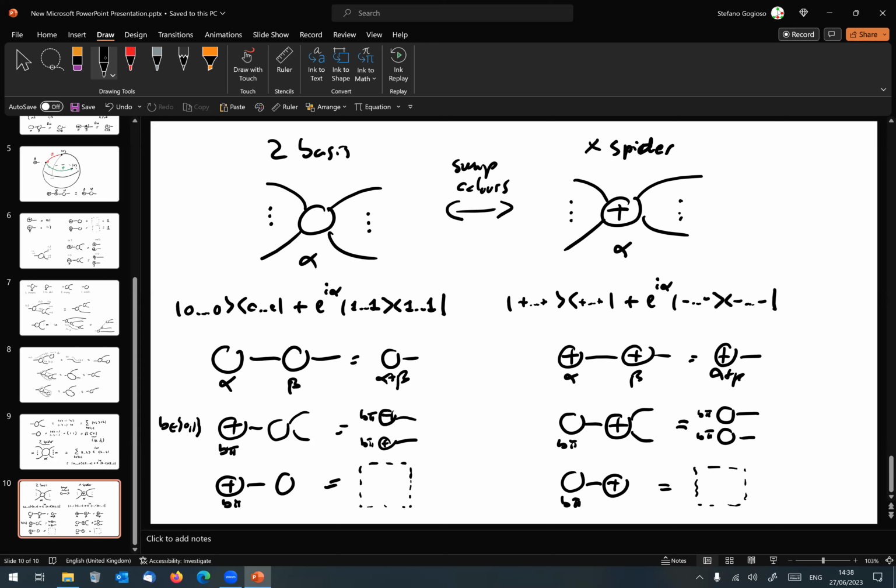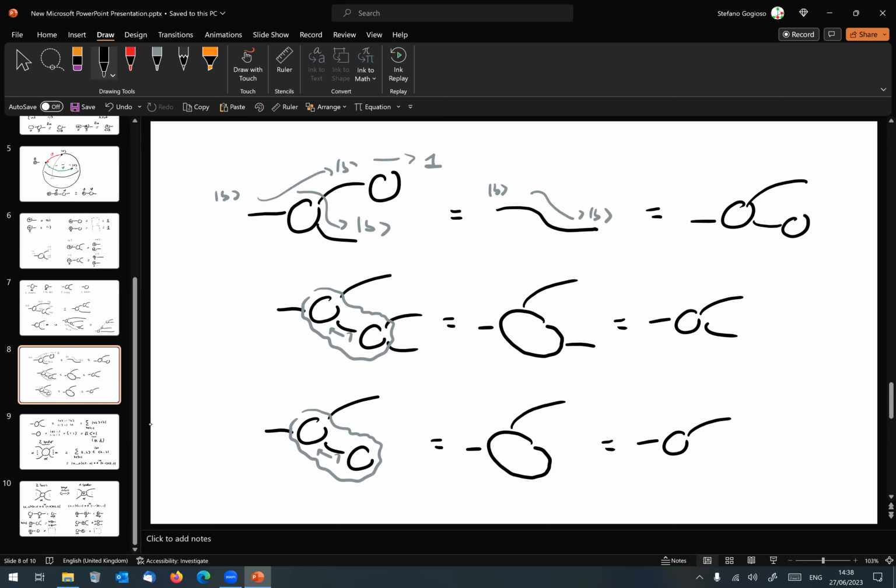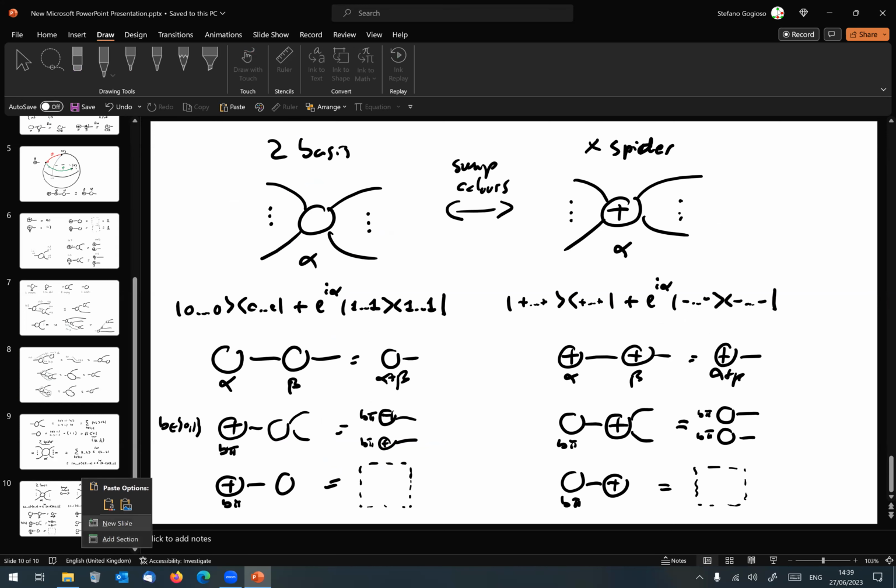And I observed that there are some rules that involve spiders of different colors. Those for now I don't care about. But there are all these rules that I wrote that involve spiders of the same color and kind of look like fusing blobs together. And this is the first rule I will write down in general, and it's called the fusion rule. So the spider fusion rule is one of the basic building blocks of this formalism.